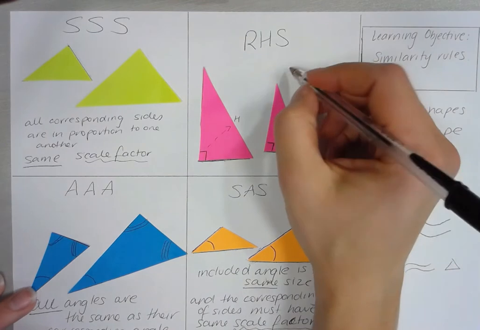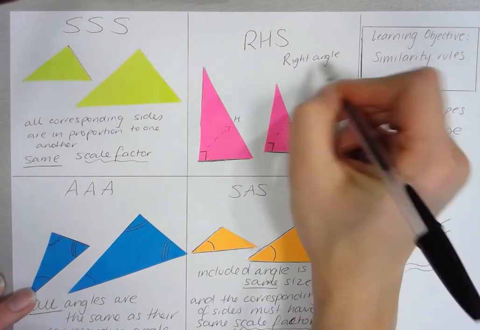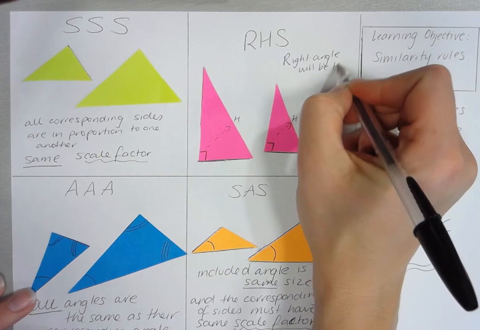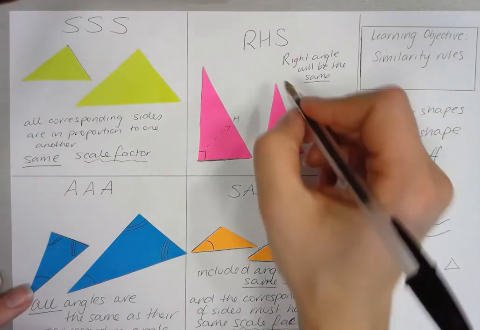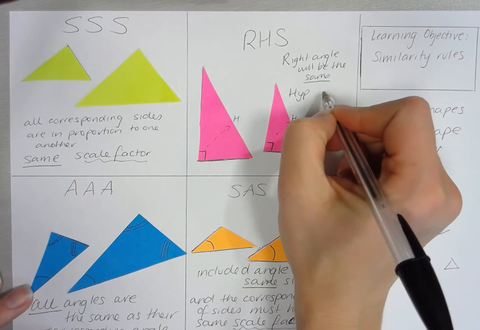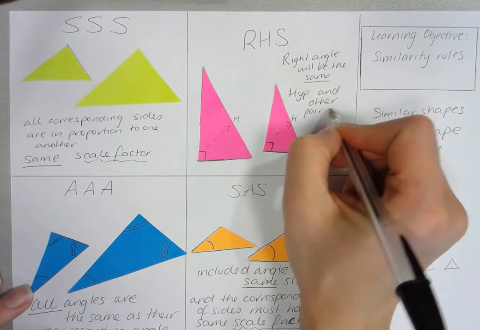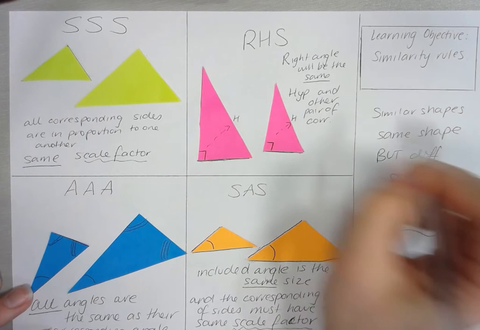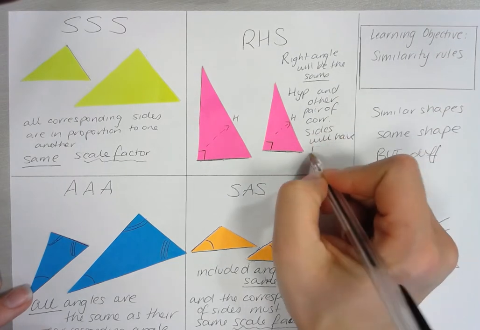Same thing this time. The right angle will be the same, and it's always going to be the same size anyway. And the hypotenuse and the other pair of corresponding sides will have the same scale factor.